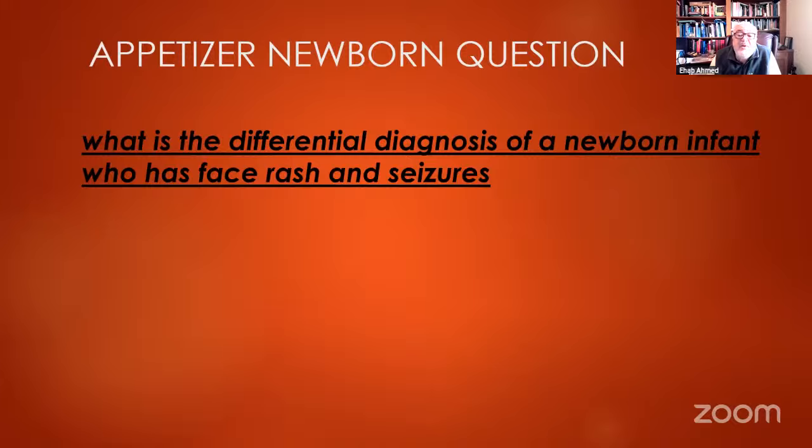It affects each and every organ in the body. It presents with a rash anywhere, including the face, and it can also affect the CNS, the heart, the kidney, the lungs. So, infection: congenital, acquired, viral, bacterial, fungal, or protozoal like toxoplasmosis.